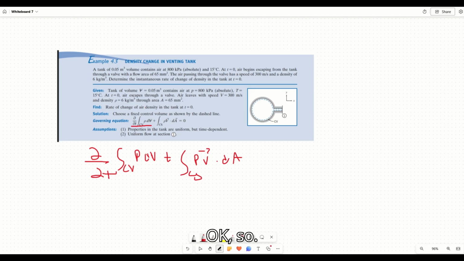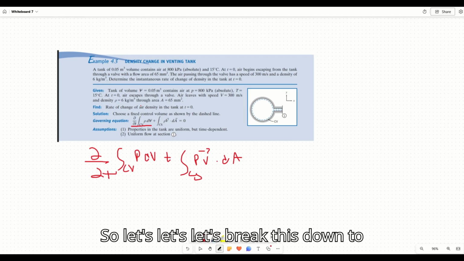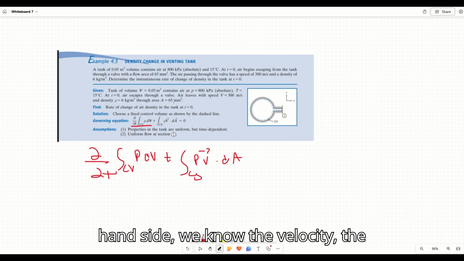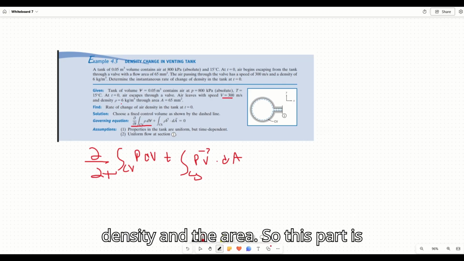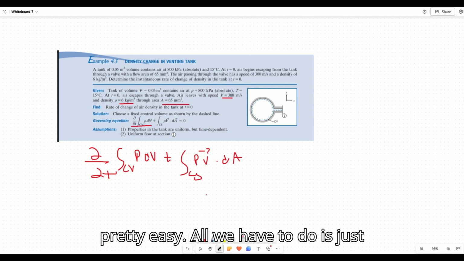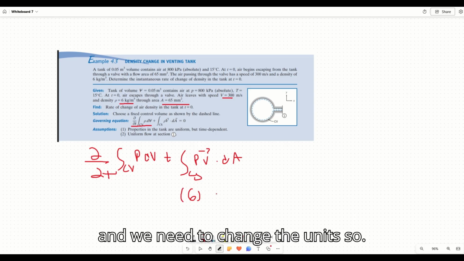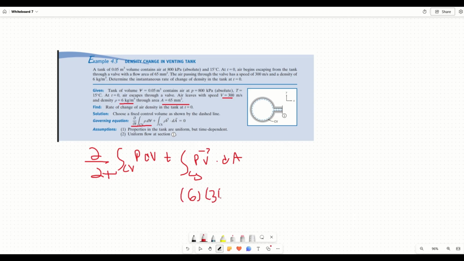Okay, so let's break this down to make this a little easier. So this right hand side, we know the velocity, the density, and the area. So this part is pretty easy. All we have to do is just plug in, and we need to change the units though. So I'm quickly just gonna calculate the changed units.